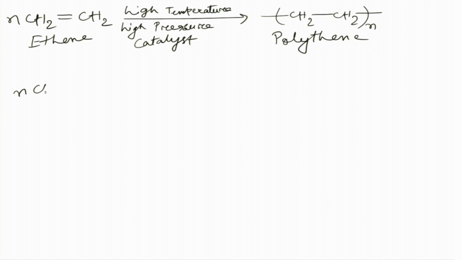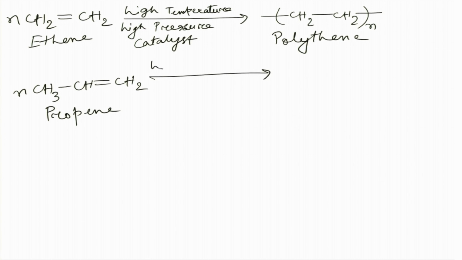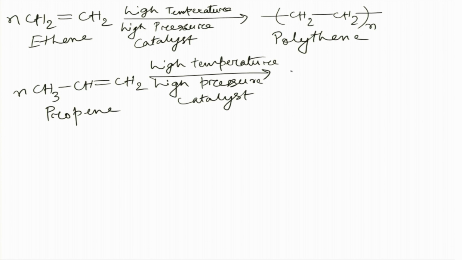Now if we take n molecules of propene, so this is propene under similar conditions, high temperature, high pressure and catalyst, we form, see, the polymerization will occur with the double bonds, okay.